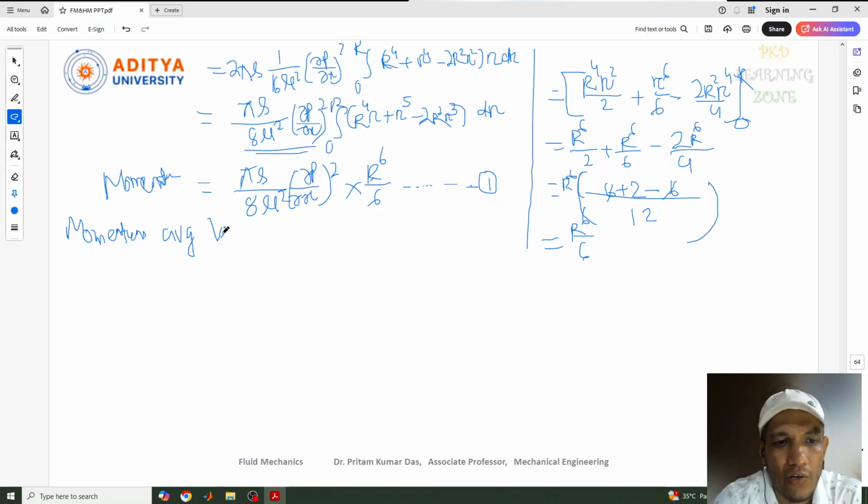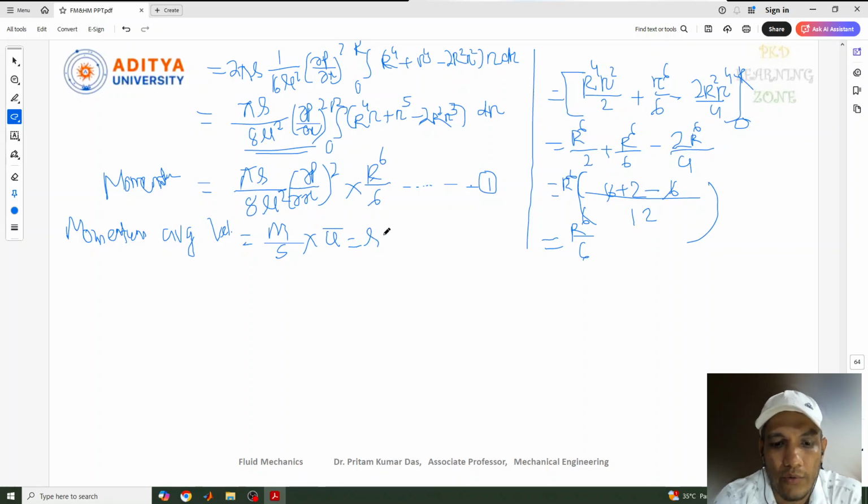So again, the same formula is going to be used. Momentum of the fluid flowing per second based on the average velocity. Again, mass of the fluid m per second into the velocity. Now here the velocity we need to consider is the average velocity. So mass of the fluid, again I can write rho A v.